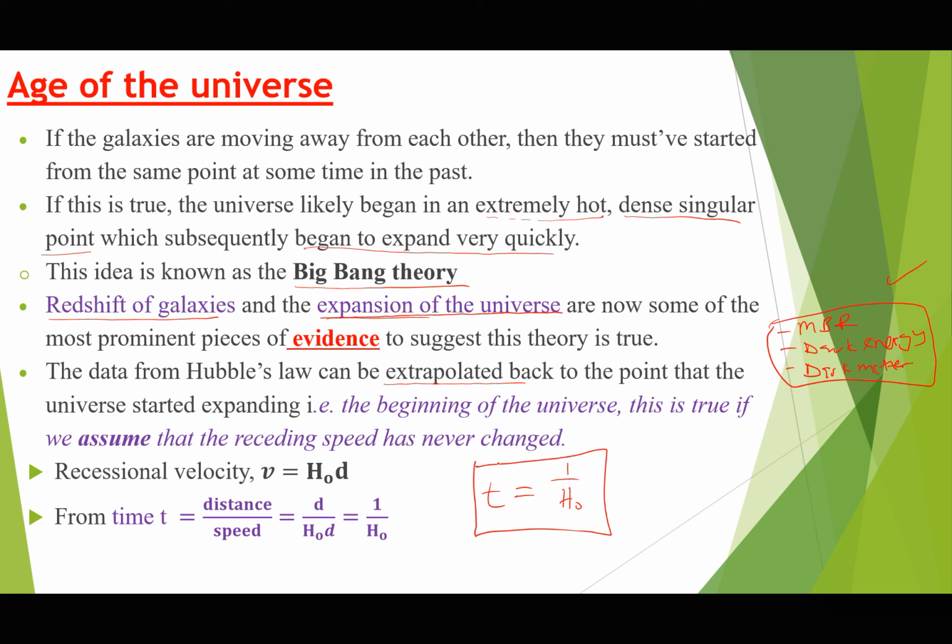The time t when the expansion started is most likely going to be 1 over H naught. And by the way, if I know the Hubble's constant, then I can estimate the age of the universe.